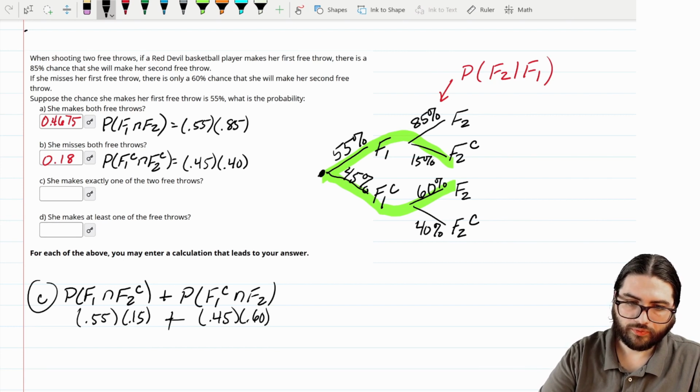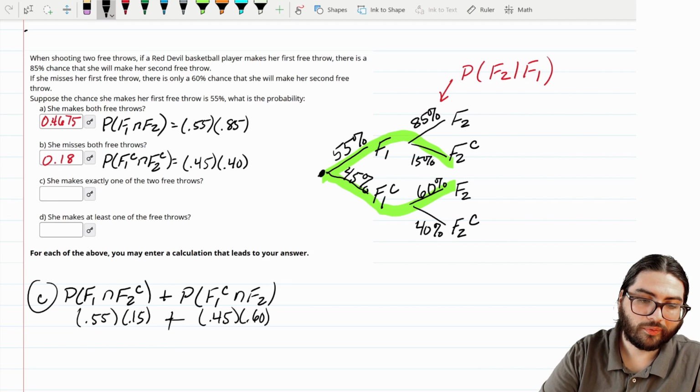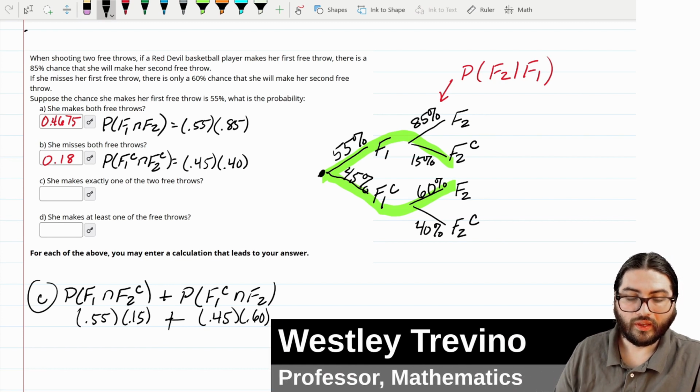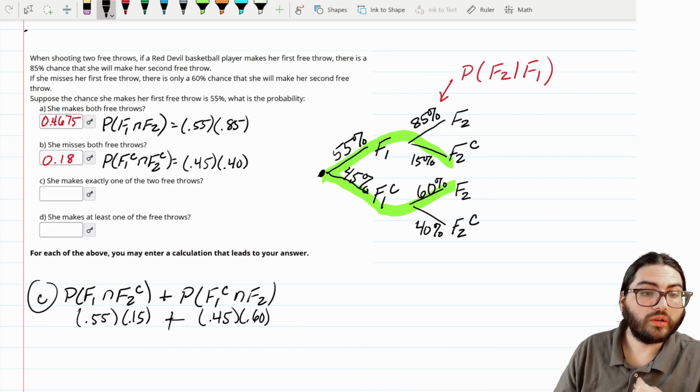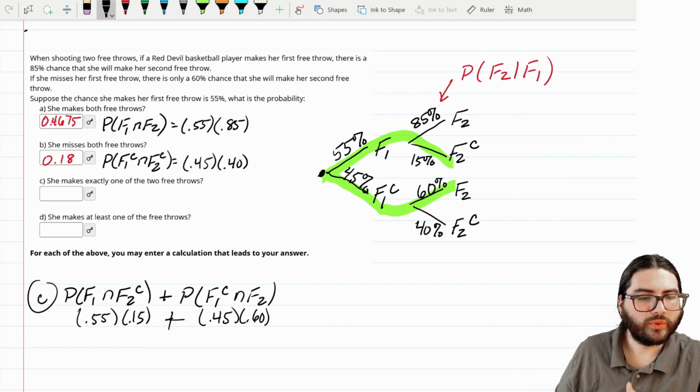0.55 times 0.15 plus, oh, I typed it into my calculator wrong. I did a plus where I should have done a times. 0.45 times 0.60. By the way, before I move on from that, my calculator told me 1.1325, and I knew that had to be wrong because 1.1325 was 113%. I don't expect a probability to be that high, right?